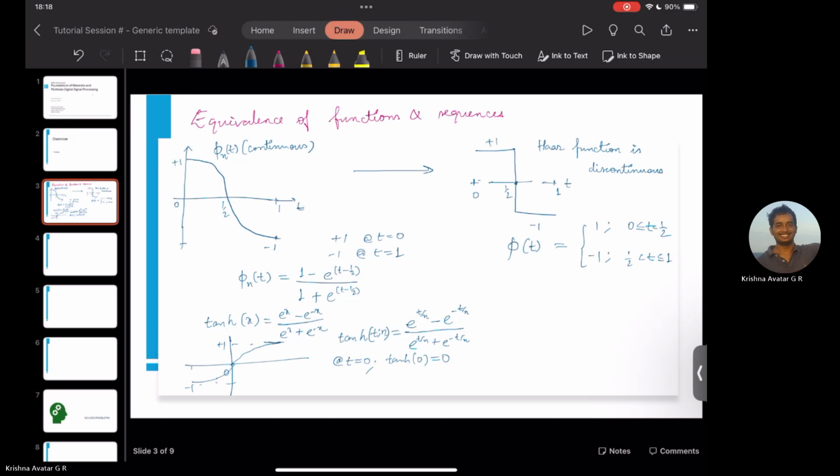So in this case, what we can do is we would want to center this function at t minus half, essentially, because all that we want is that.